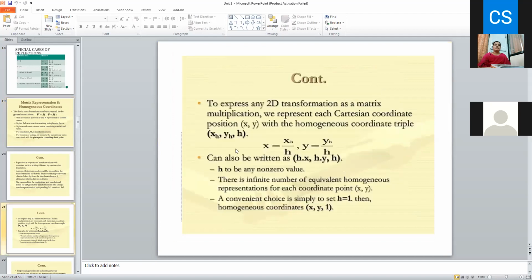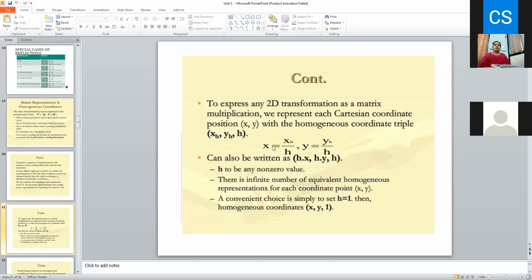The relation between the actual coordinate and the homogeneous coordinate is shown here: if x is the actual coordinate, then x = xh by h, where xh is the homogeneous coordinate x value and h is the overall scaling factor. Similarly for y, y = yh upon h.